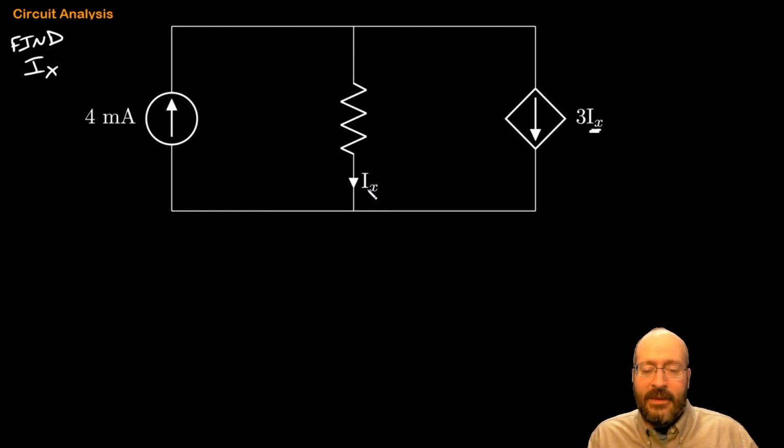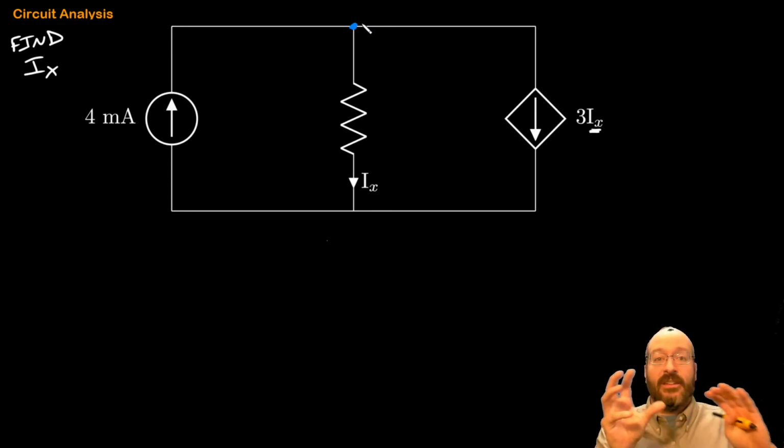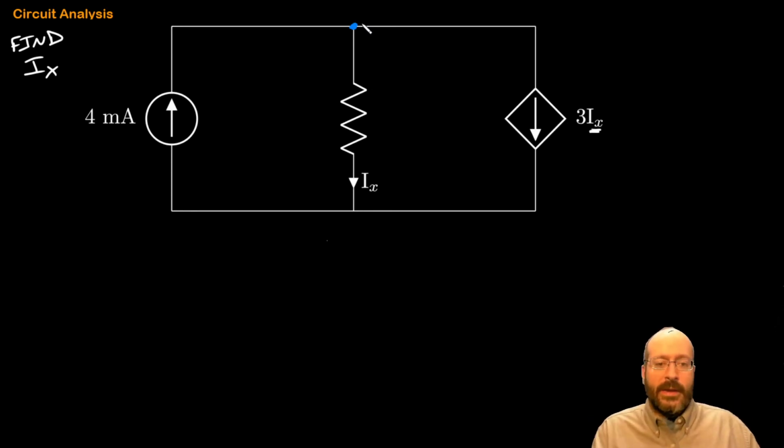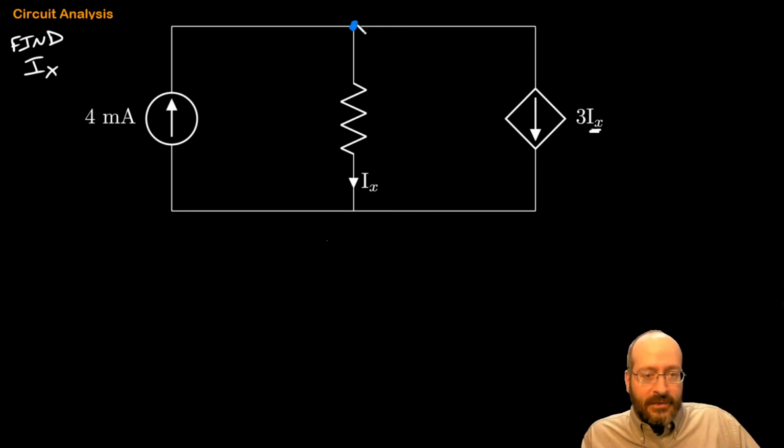And I think I can make KCL work in this case. I'm going to pick a node, top or bottom. I'm going to end up doing both. So let's start with the top. I want to emphasize that it doesn't matter what you pick. Just pick a node and go with it. Let's call this top node, which extends all the way around here. I'm going to draw that dot there to indicate that's where the blue node is.